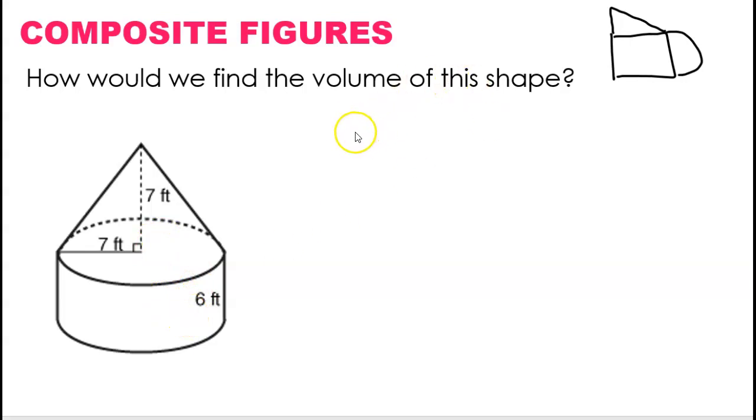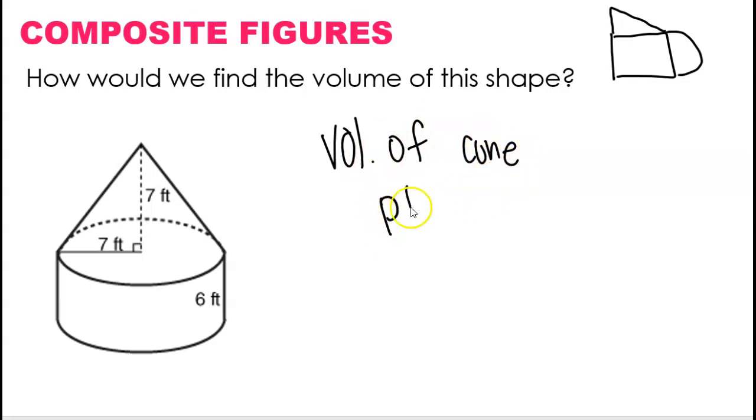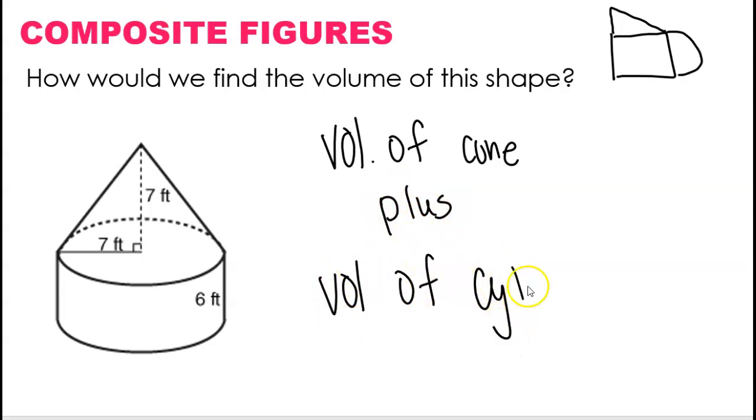We have the cone and we have the cylinder. So we would find the volume of the cone, which is that top part, plus the volume of the cylinder. And we just get the total. That is all we would do.